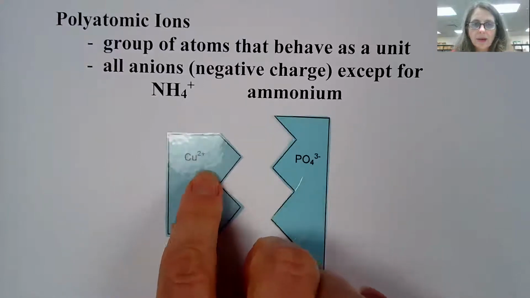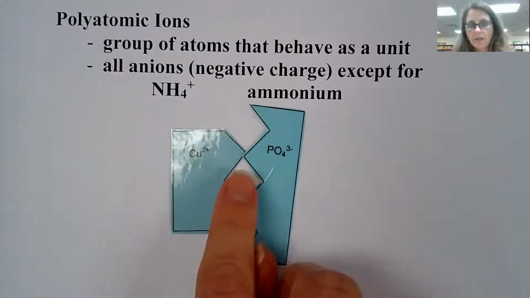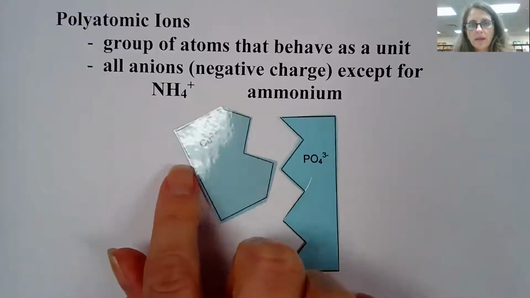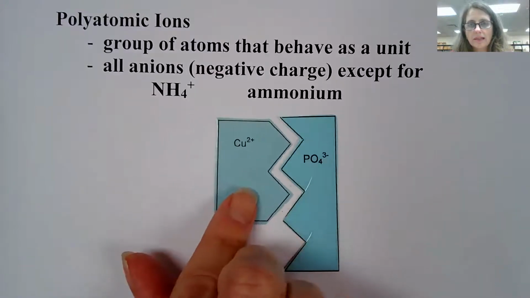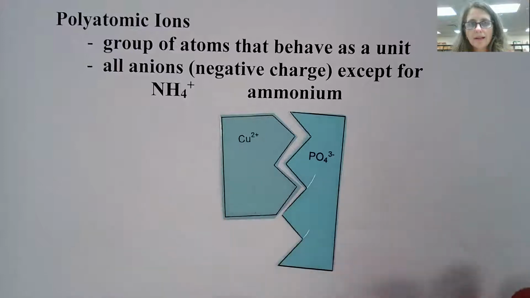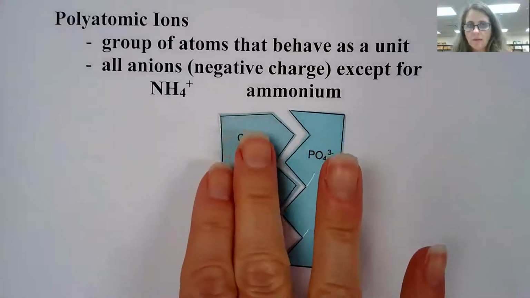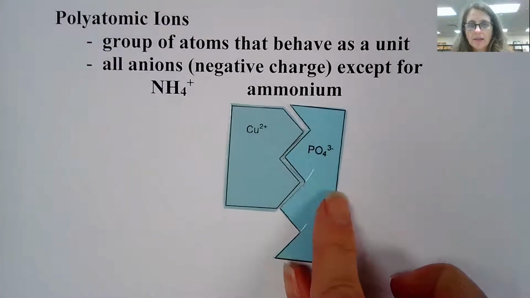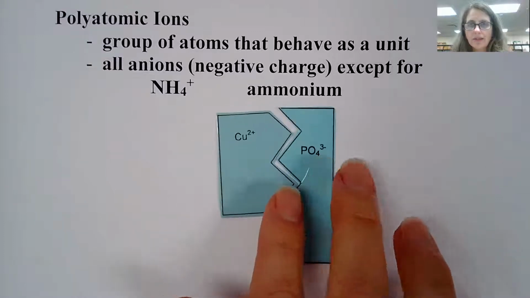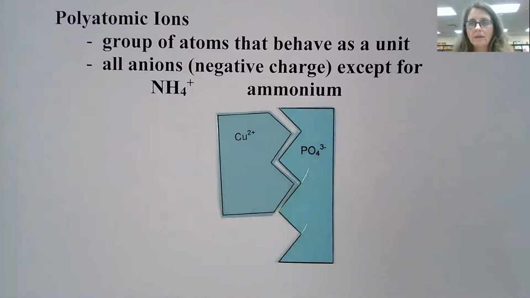Since this has a +2 and this is a -3, we can't just put the pieces together and make it 0. So with these polyatomic ions, they are going to behave the same way as negative ions are going to be, meaning however many negatives they are, you need to have as many positives.